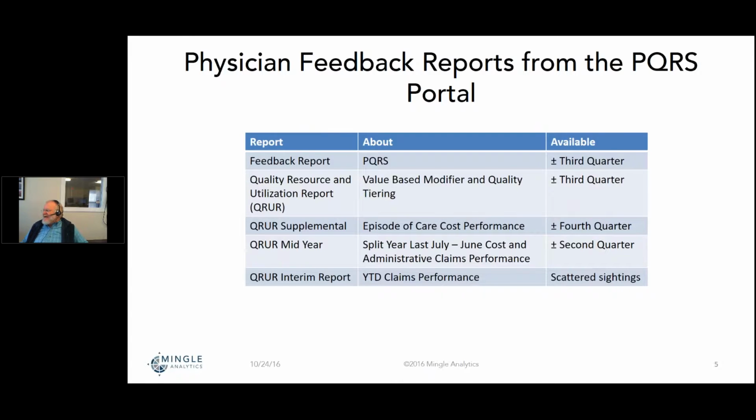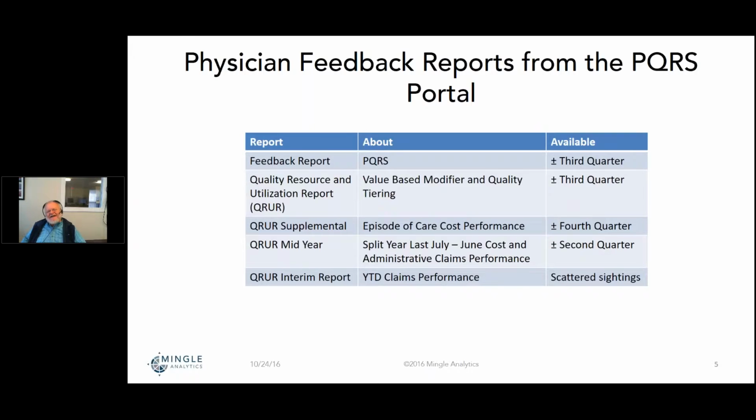Episodes mean that even specialties which found themselves exempt or with very light data requirements in the value-based modifier and quality tiering analyses will find many more attributable cost of care measures that may be applied to them through those episodes.